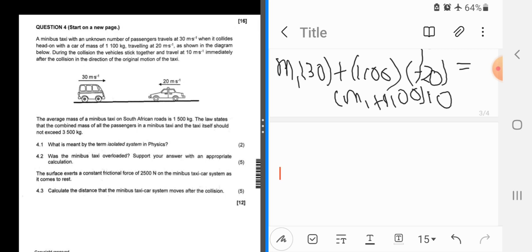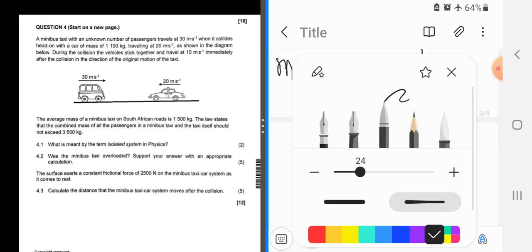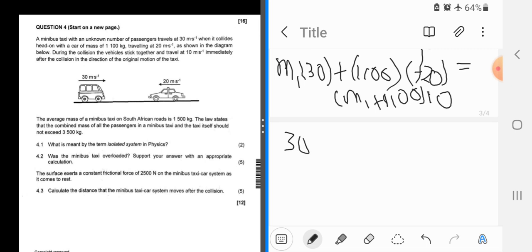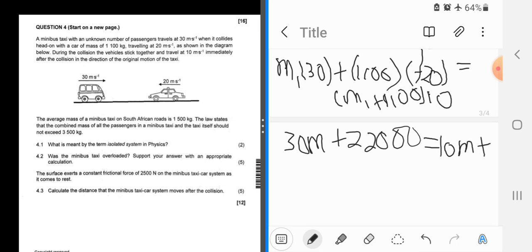When we add everything on the left-hand side, we have 30m plus 1,100 times the negative 20, which is negative 22,000. That equals m times 10, which is 10m, plus 1,100 times 10, which is 11,000.